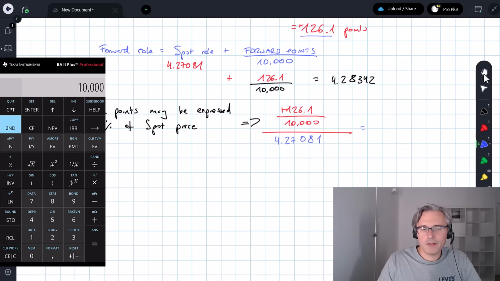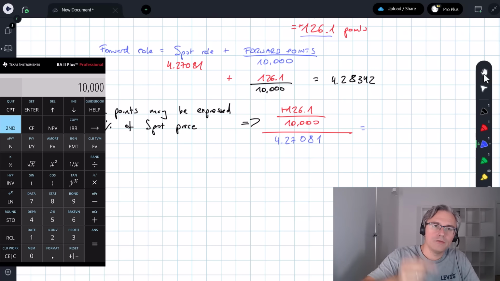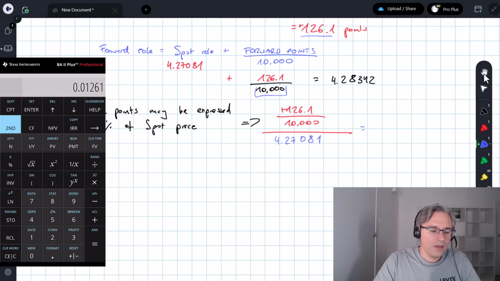Remember that swap points are quoted as something like 100 because it's easy for us to interpret, but whenever you try to work with them as numbers, you always have to scale them down to their original size. Divided by 10,000, and now I divide the result by 4.27081 equals, let me just check I haven't made a mistake with the zeros.